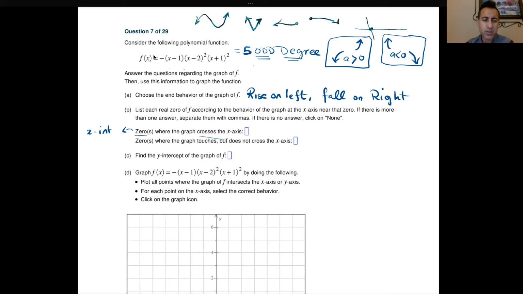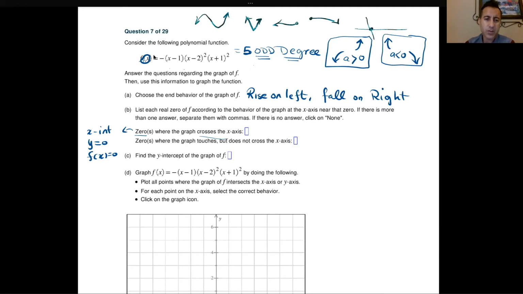And we talked about the x-intercepts meaning you use y equals 0, which is in this case f of x is 0. So if you put 0 here, then that means one of these factors is 0.